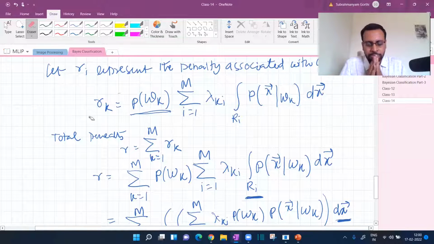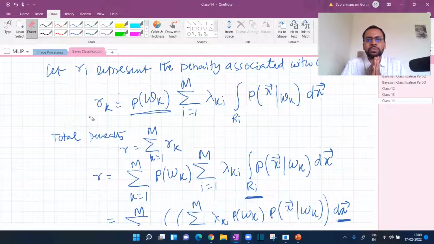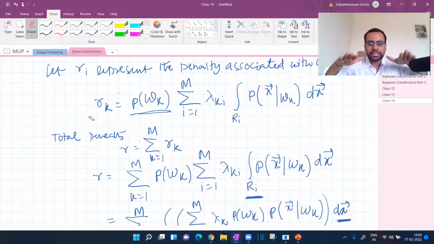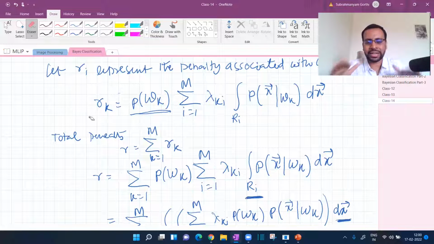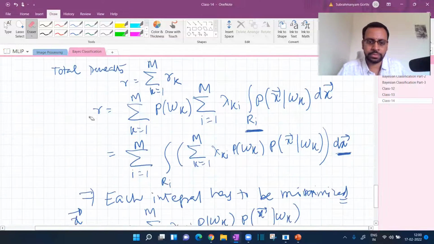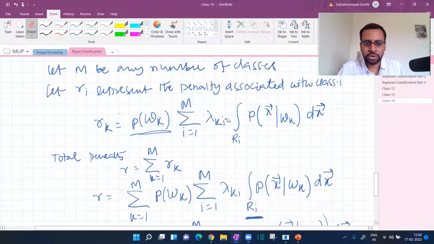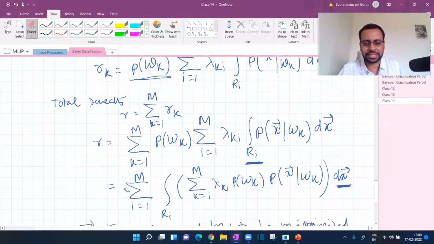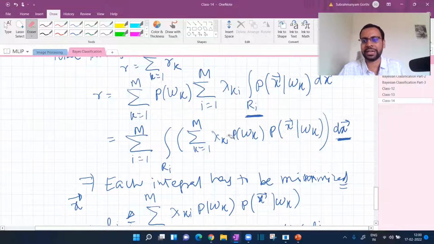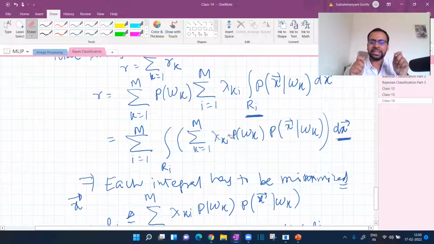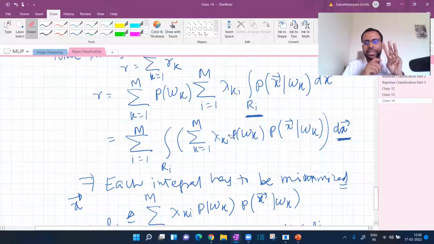Then now I need to see which assignment would result in minimizing this R value. That is all I need to find out here. How am I finding that? First I have written the expression for this whole penalty term, which contains all the terms, given that I have 3 classes.